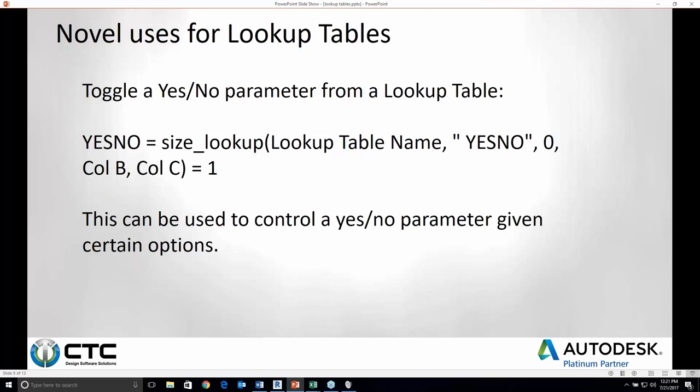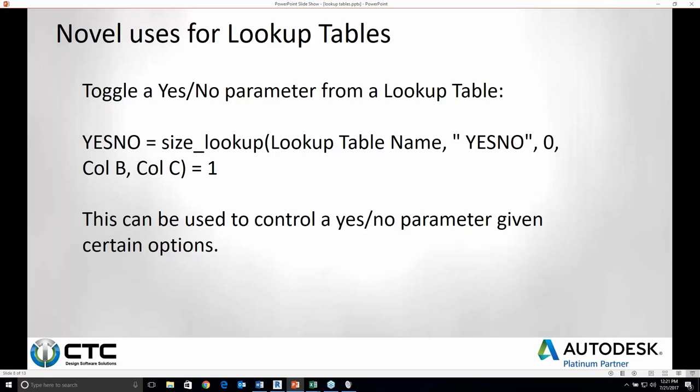So, novel uses for lookup tables. We can toggle that yes/no parameter, as I had mentioned earlier. The equation for that is size lookup, table name. We're going to look for the yes/no column.